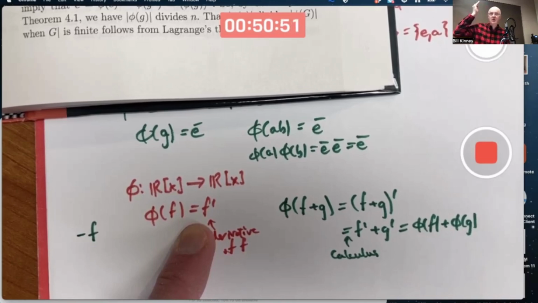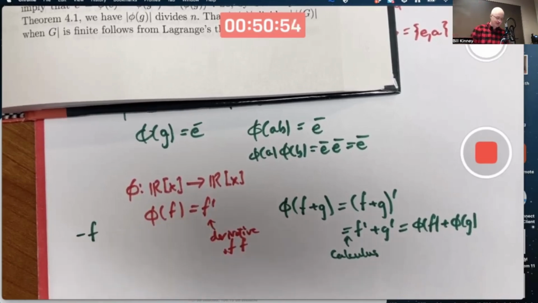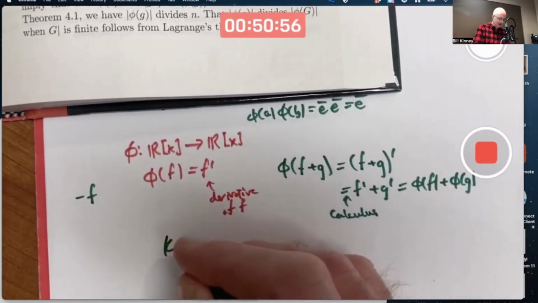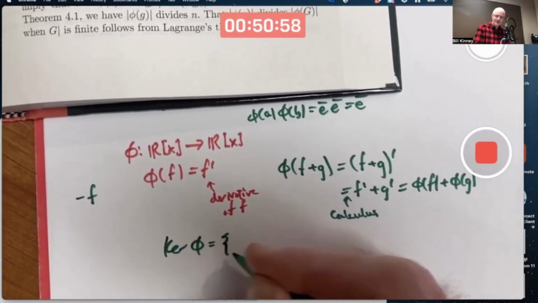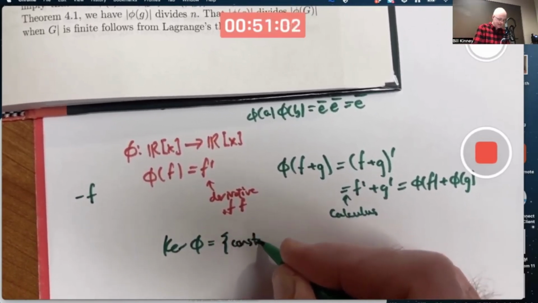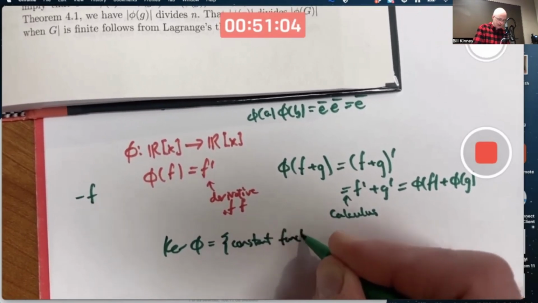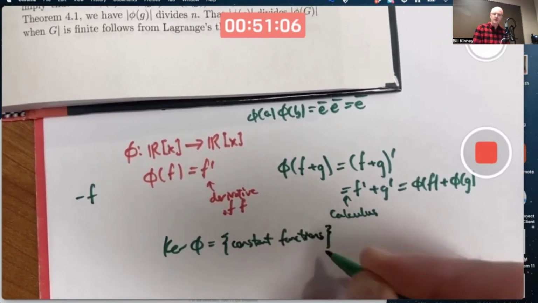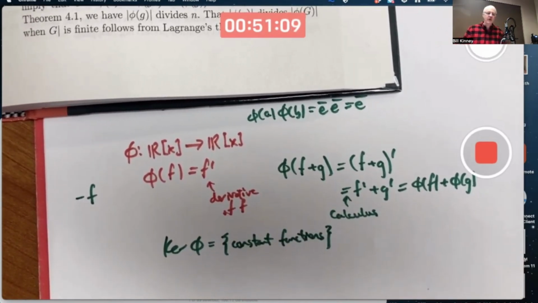Infinitely many such functions. The kernel is infinite. You could say the kernel of phi here is, I'll just write it in words, all constant functions, or constant polynomials if you prefer. Polynomials are functions, and constant functions are polynomials too. So it's okay to say constant functions.